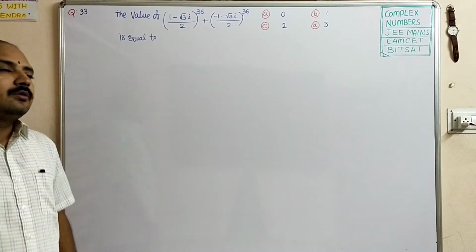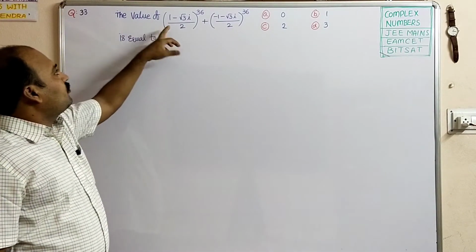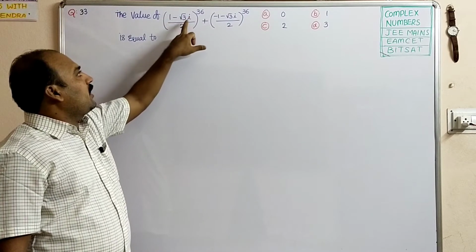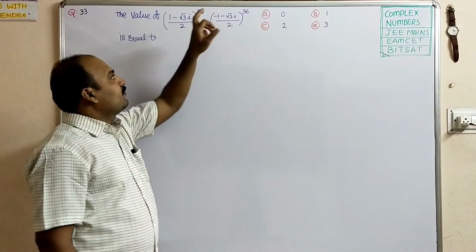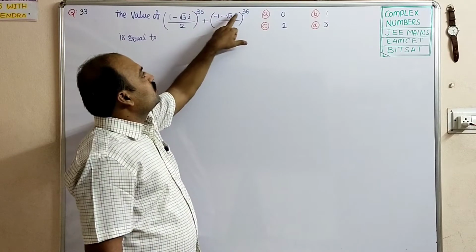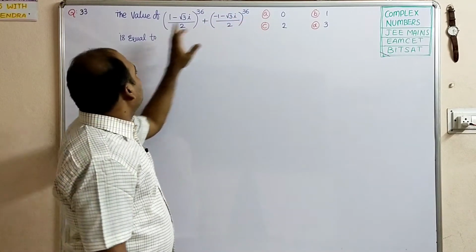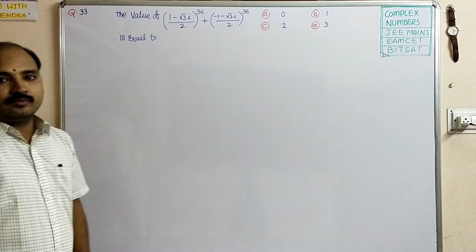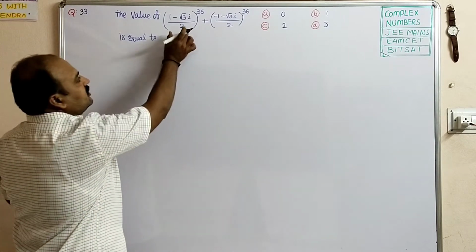The next question, the value of (1 minus root 3i by 2) whole power 36 minus (1 minus root 3i by 2) whole power 36 is equal to, see here, this value.